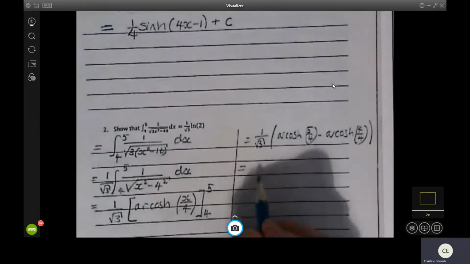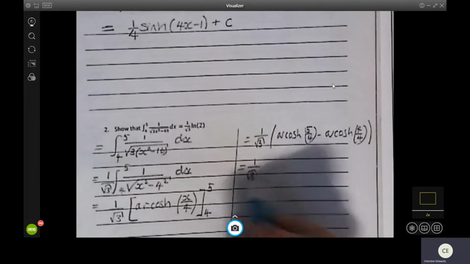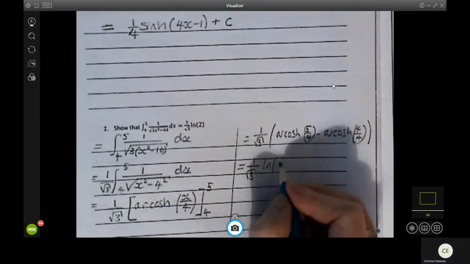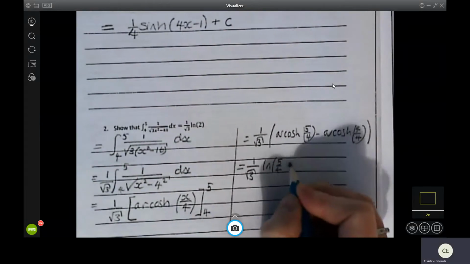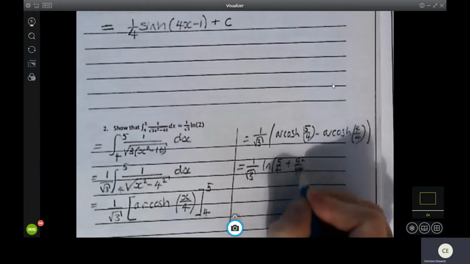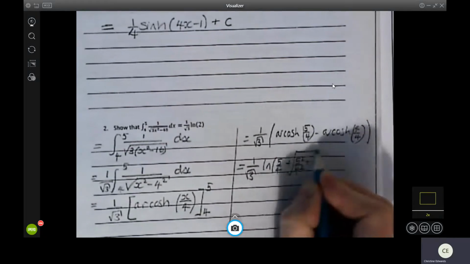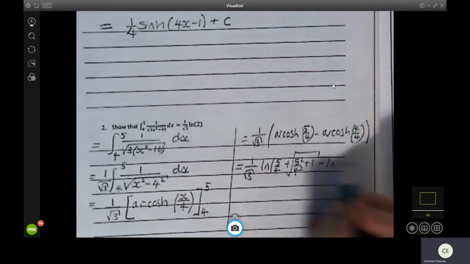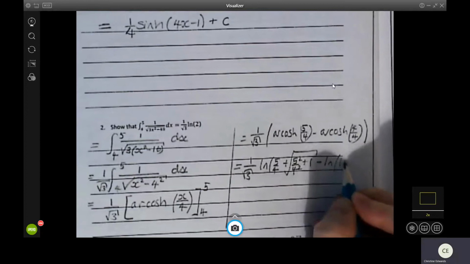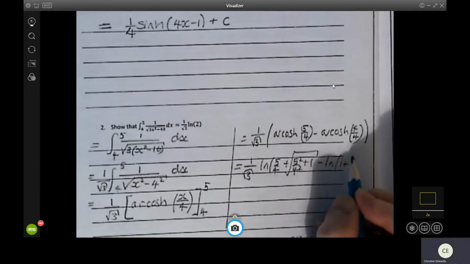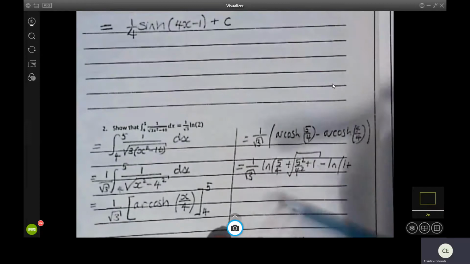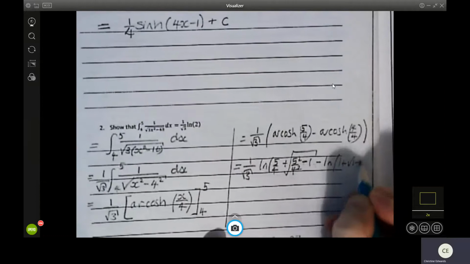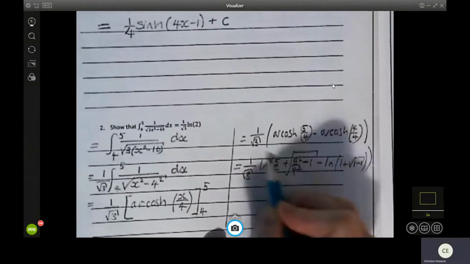So we have 1/√3 log of 5/4 plus the square root of 5 squared over 4 squared minus 1, minus log of 1 plus, that was a minus, the square root of 1 minus 1.